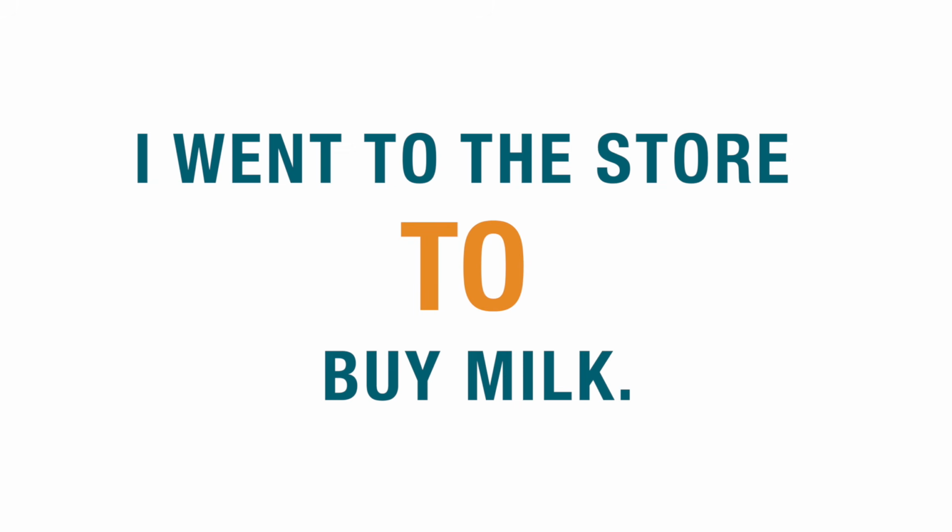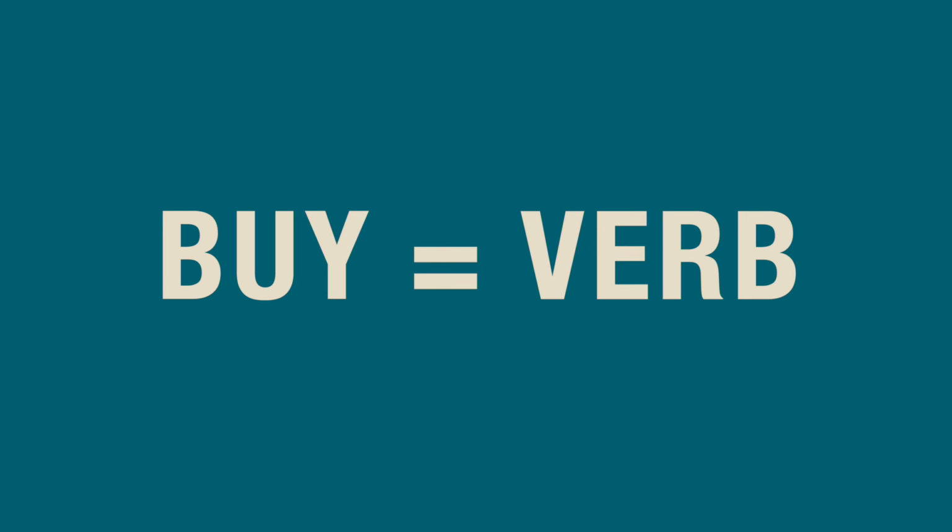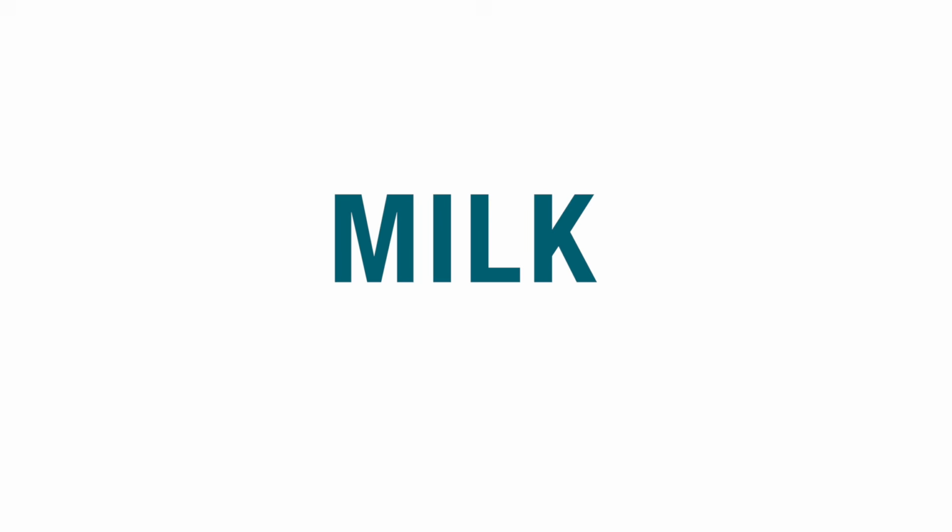Look at this example. I went to the store to buy milk. What is the reason for going to the store? To buy milk. Buy is a verb, so we use the word to. Now look at this example. I went to the store for milk. What is the reason for going to the store? Milk.